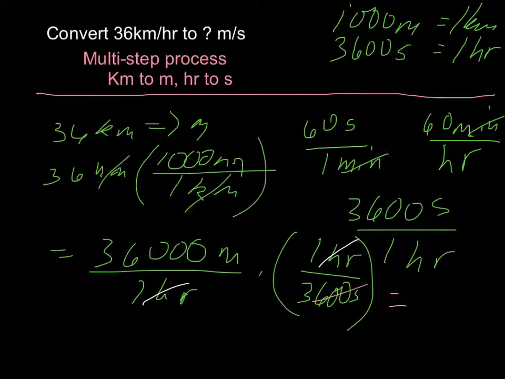This all cancels, right? So you get 1 meter per second. No? An extra zero. Oh, 10 meters per second. I'm glad I have mathematicians in this class. Yeah, I crossed out an extra 0. See, there's 3 of them here and there's only 2 of them there.